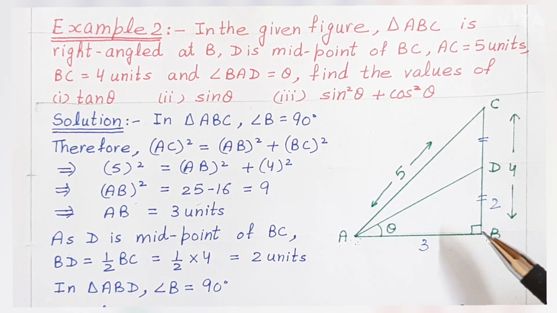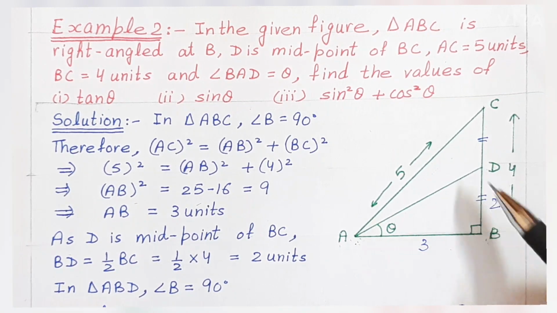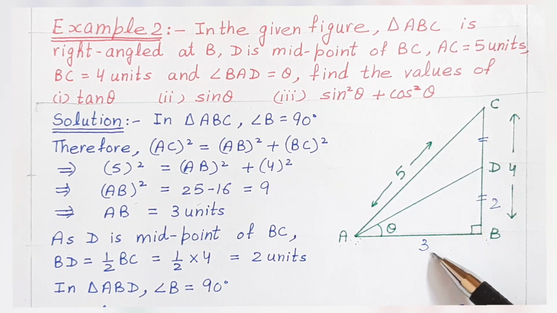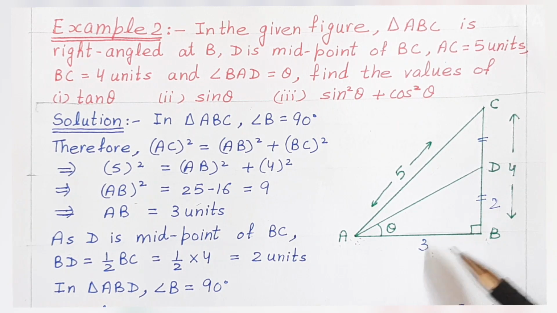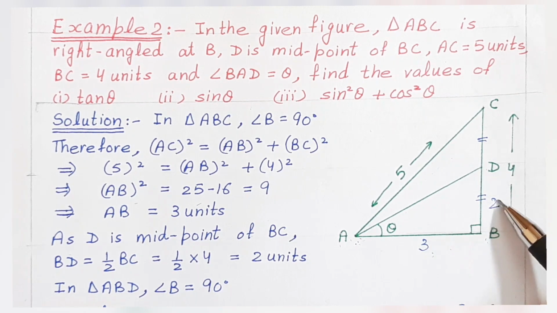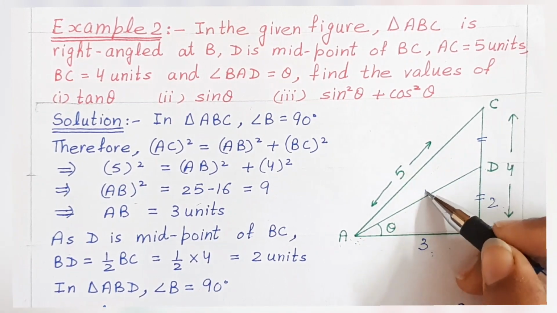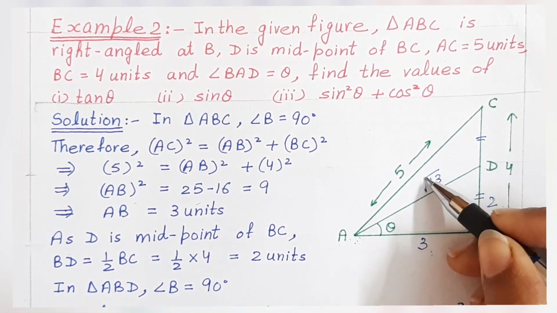So again, apply Pythagoras theorem. So AD will be 3 square plus 2 square. That is 3 3s are 9 and 2 2s are 4. So 9 plus 4 is 13. So AD is under root 13.